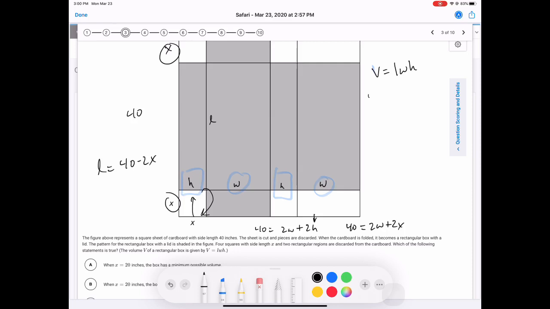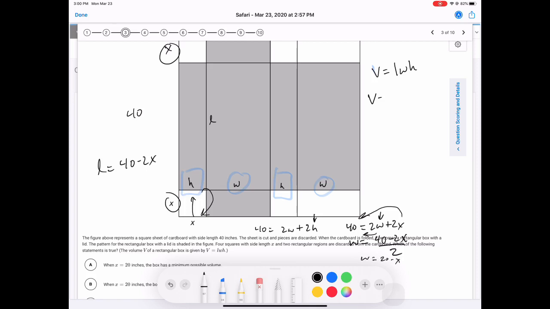So the volume is equal to, is there any way for me to rewrite the width? Let's rewrite this. Solve for w: w is equal to 40 minus 2x over 2. Right, we move the 2x over and then we divide by 2. Dividing it, w is equal to 20 minus x.